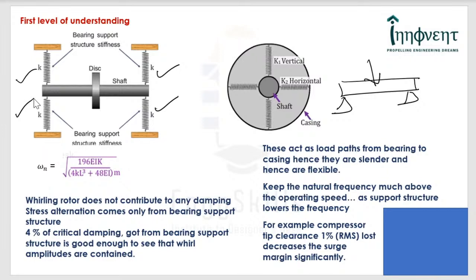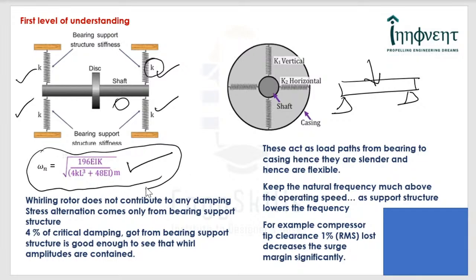That means the bearing support structure brings down the overall stiffness of the system. And if you observe carefully, in fact, the stiffness of the bearing support structure is in series with the stiffness of the shaft, and therefore the overall stiffness is brought down because both are in series. And you can see for the typical figure shown, this is the natural frequency, and if I remove the bearing support structure stiffness, the natural frequency obviously goes up.